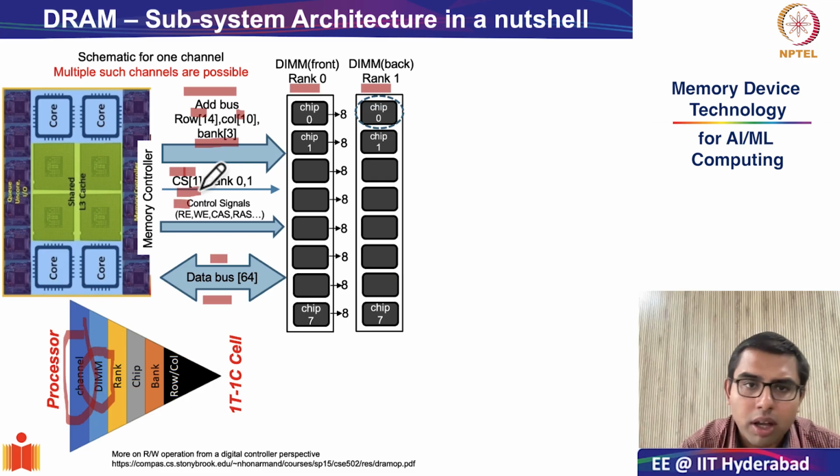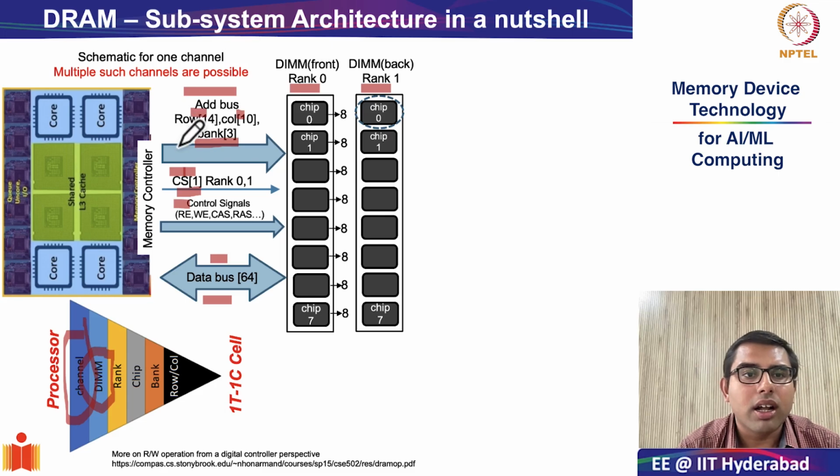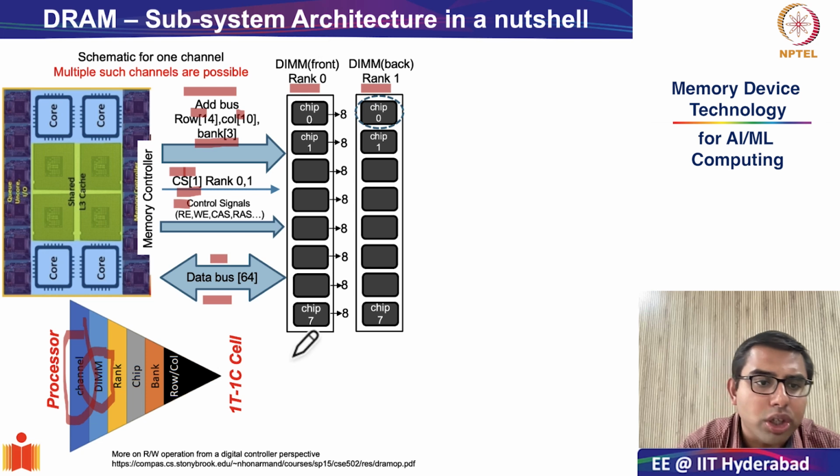If it's 4 ranks, the chip select will not have just 1 bit, but 2 bits, because 2 to the power of 2 is 4. Okay, so this is the essential communication between the CPU subsystem, which is transacting with the dual inline memory module, which consists of the 2 ranks, through one of the channels.